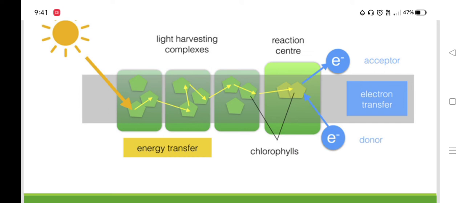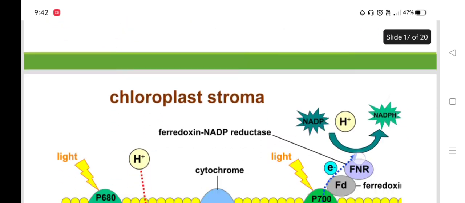Up to the reaction center there is a transfer of only energy, and here there is a transfer of electron. This happens because of the difference in the redox potential of the reaction center and the first electron acceptor, which may be ferredoxin or plastoquinone according to the PS1 or PS2 photosystem. So the reaction center is excited and transfers the electron to the electron acceptor.